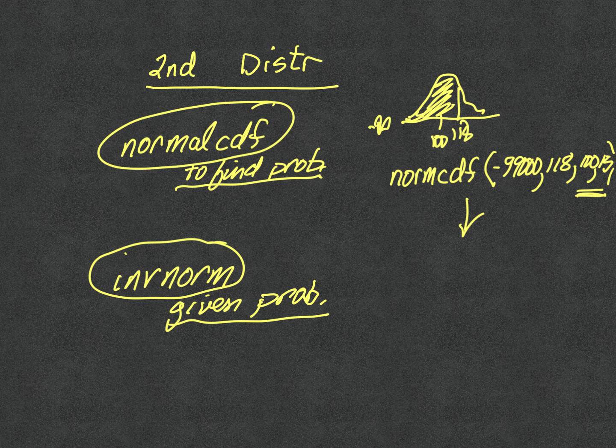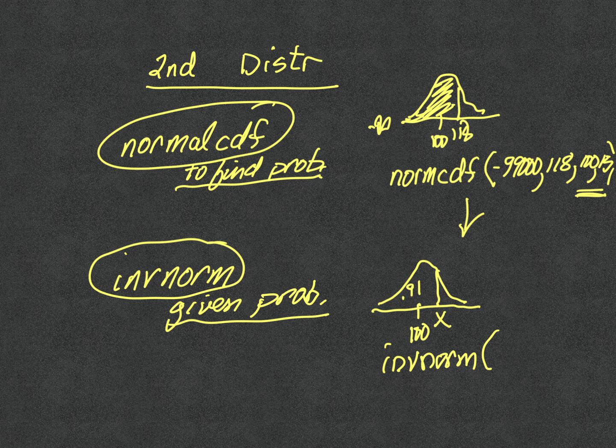Now, on the inverse normal, we are going to do that problem. Say we're given the probability of 0.91 here, and we want the x value. And so in the same way, we know the mean is 100 here and the standard deviation is 15. So we're going to use the inverse normal. And the inverse normal asks us, hopefully let me get this order correct, I think it asks for the probability first.